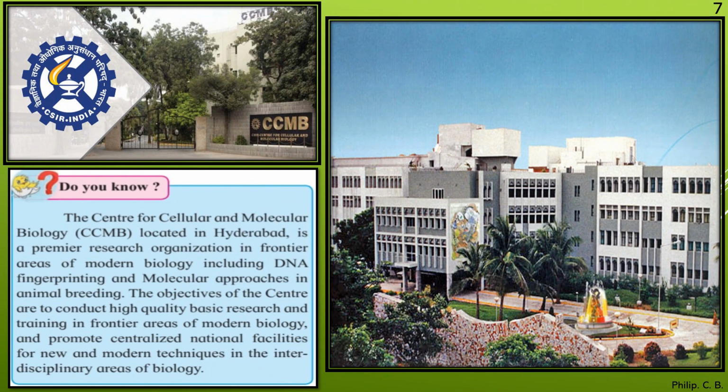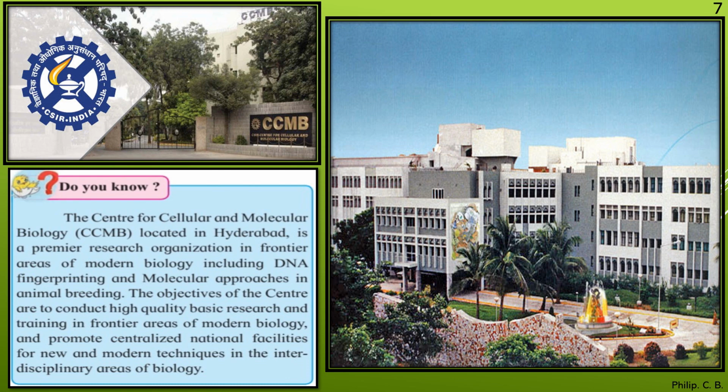Now, a little additional information given in the textbook. CCMB, the Center for Cellular and Molecular Biology, located in Hyderabad, is a premier research organization in frontier areas of modern biotechnology, including DNA fingerprinting and molecular approaches in animal breeding.